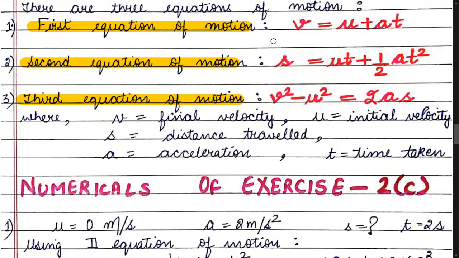Remember these 3 equations in the same serial order. First equation is V is equal to U plus AT. Second equation, S is equal to UT plus half AT square. Third equation, V square minus U square is equal to 2AS.